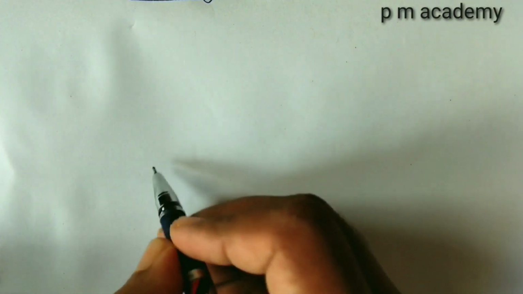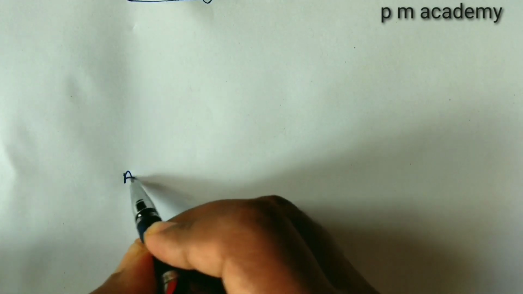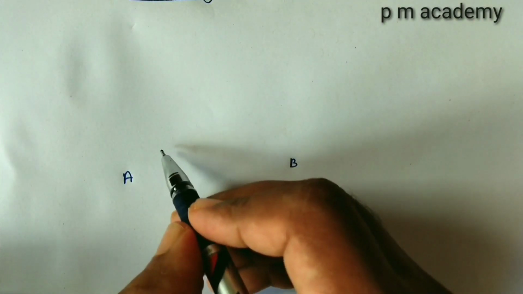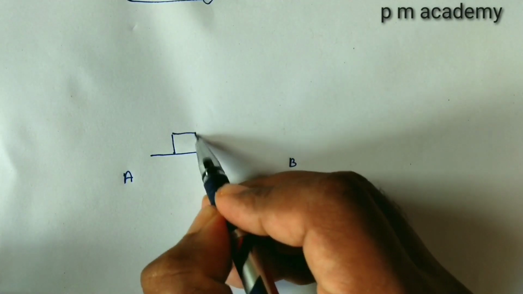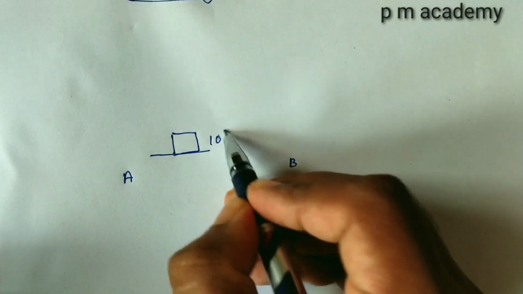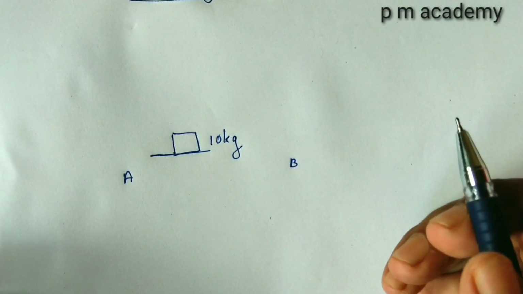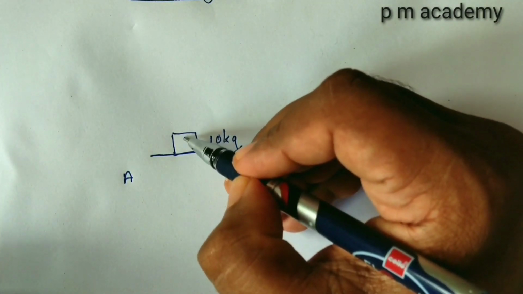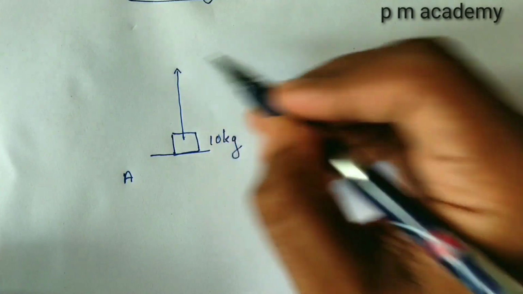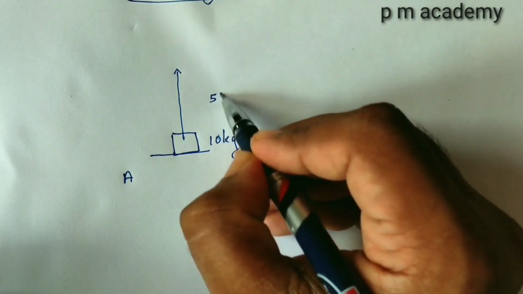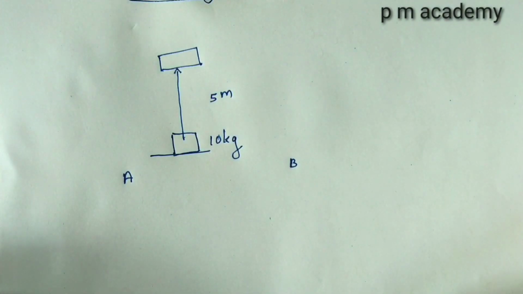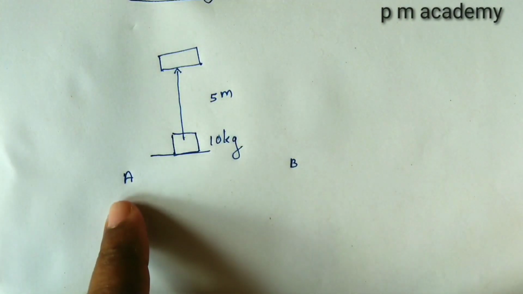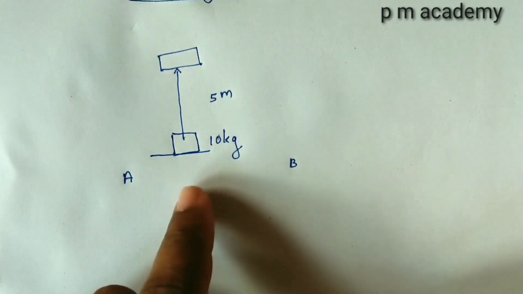There are two persons, person A and person B. Person A and B both are doing the same work. Person A is raising an object of mass 10 kilogram to a height of 5 meter, and person B is doing the same.